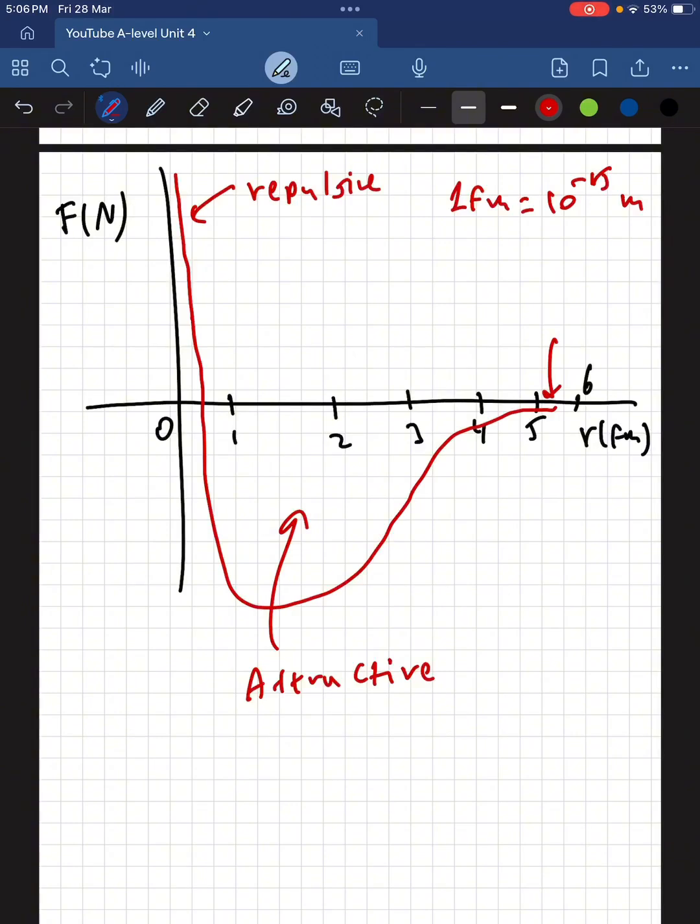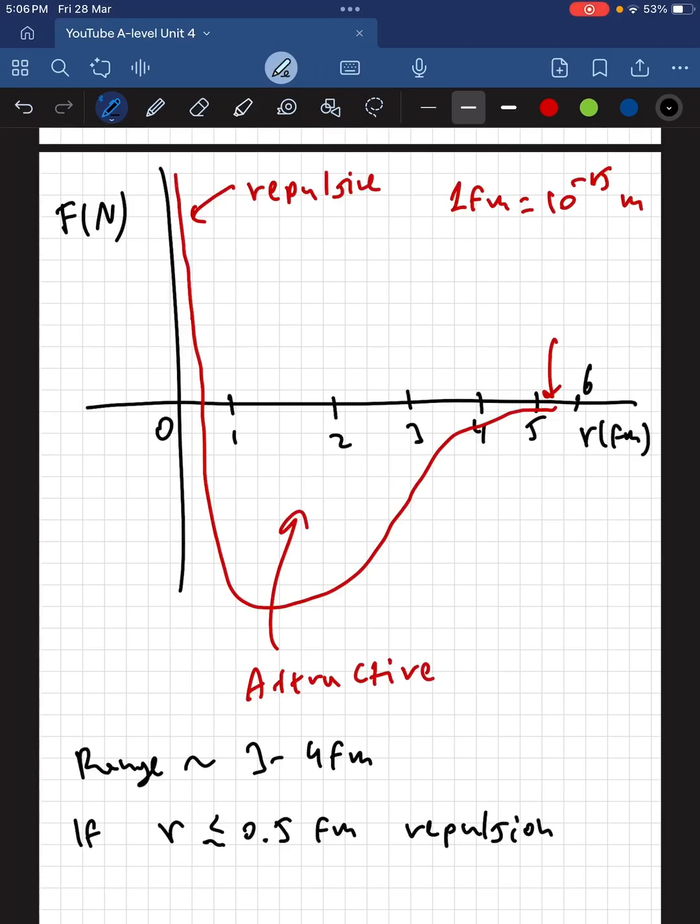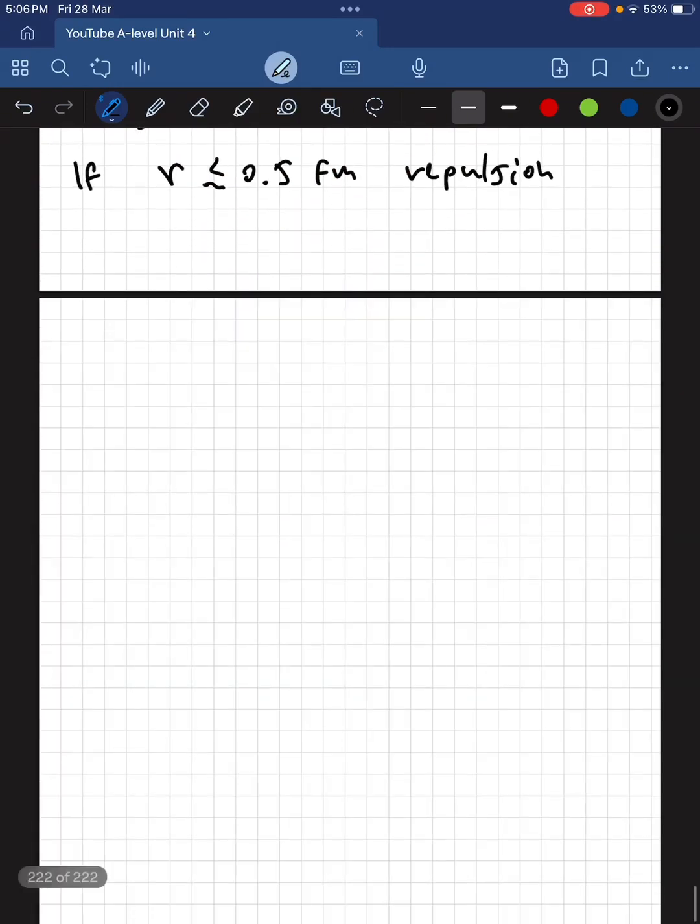So if they are 5 femtometers away or more, they don't experience the strong force at all. Okay, so the range of the strong force is about 3 to 4 femtometers, and if R is less than or about equal to 0.5 femtometers, we get a repulsion between the particles.